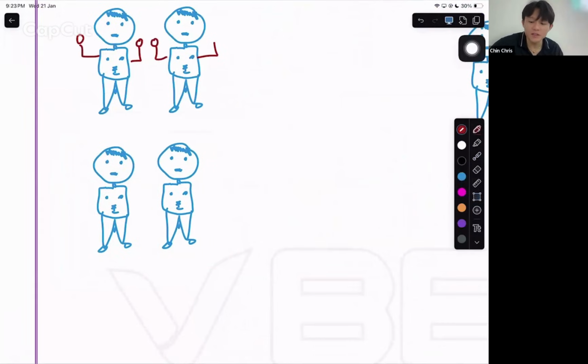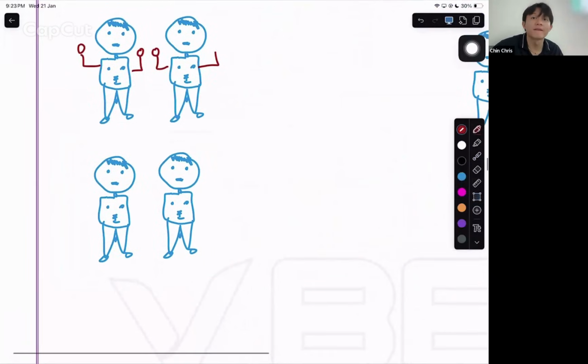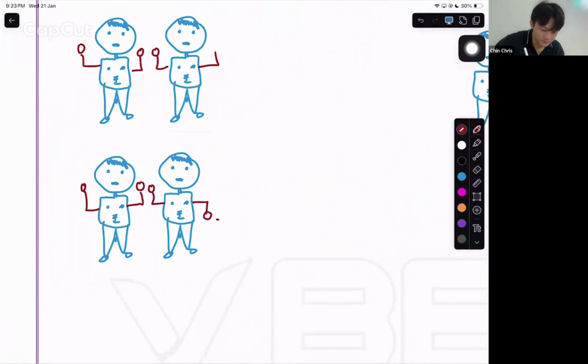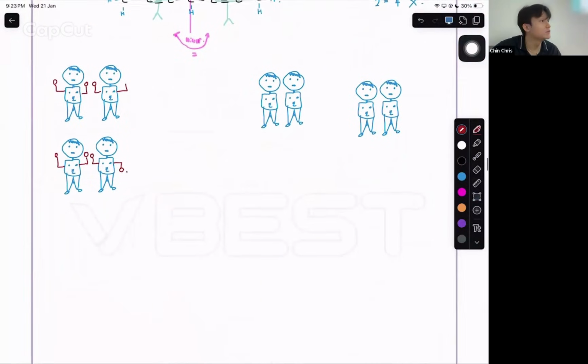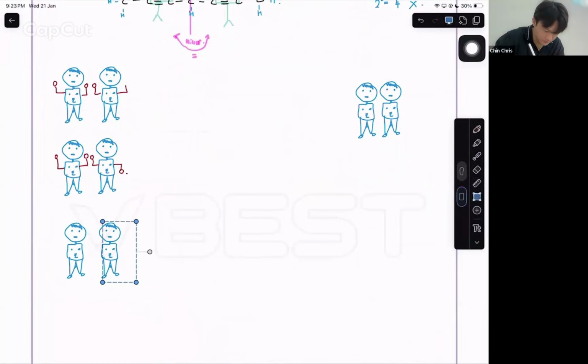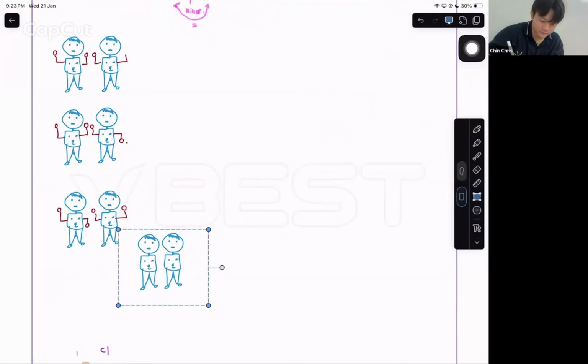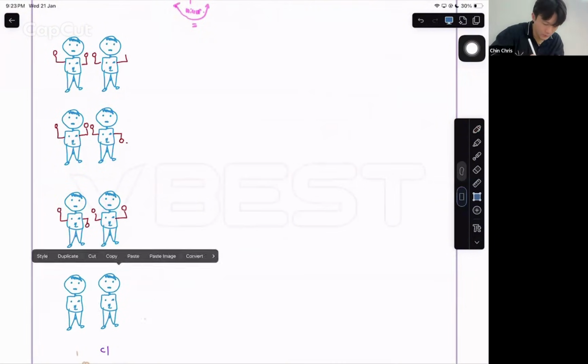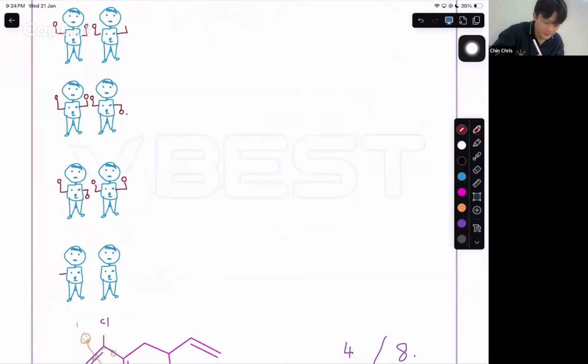I can make these two fellas do one cis, another one do a trans. Third one, I can make this fella do a trans, do a cis. Last, do a trans and a trans.